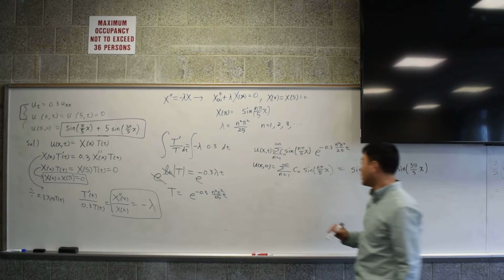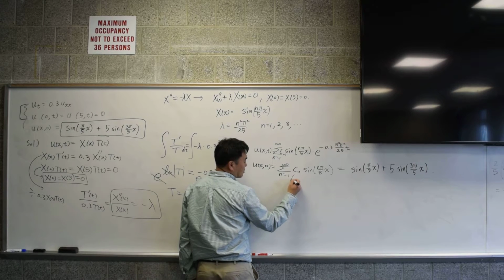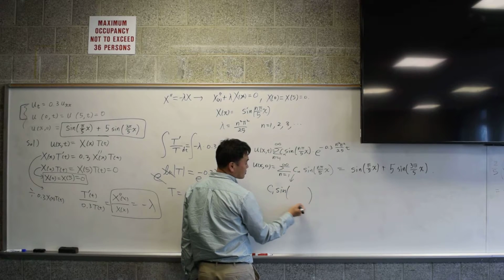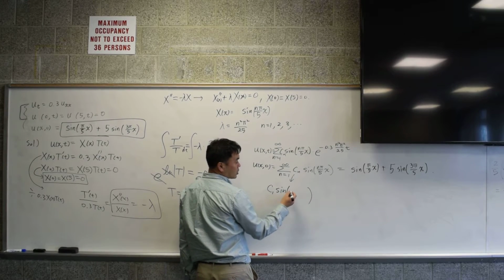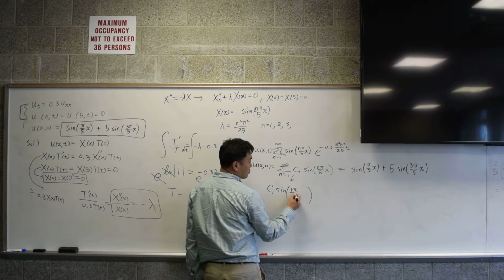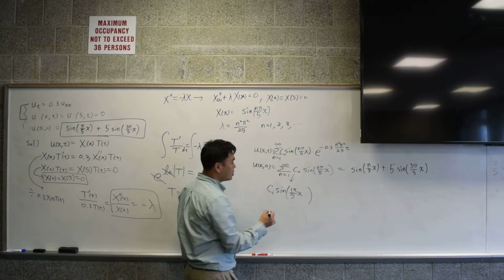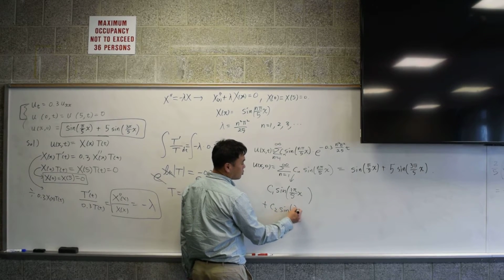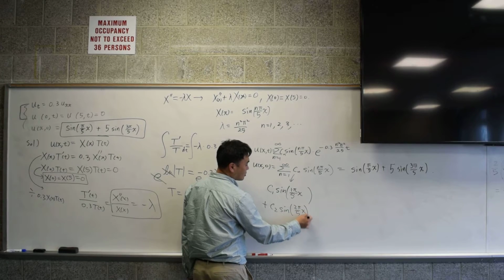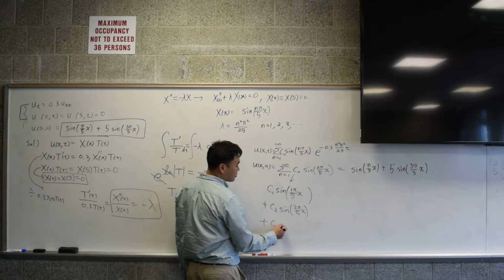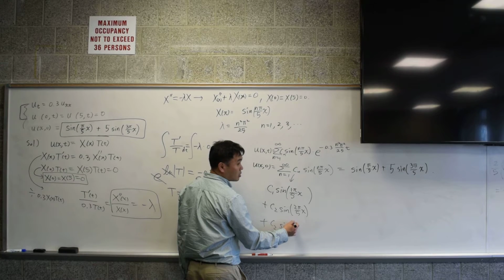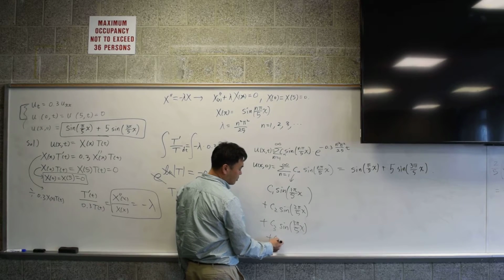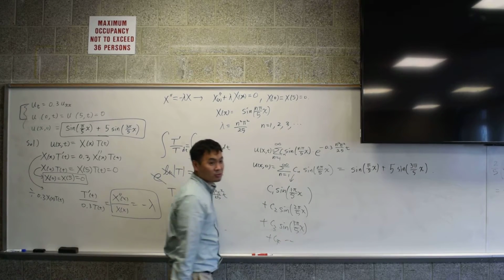Okay? All right. So let's see what this really means. This summation means C1 sine of 1 pi over 5 x, plus C2 sine of 2 pi over 5 x plus C3 sine of 3 pi over 5 x plus C4 of, I don't know, so and so, okay?